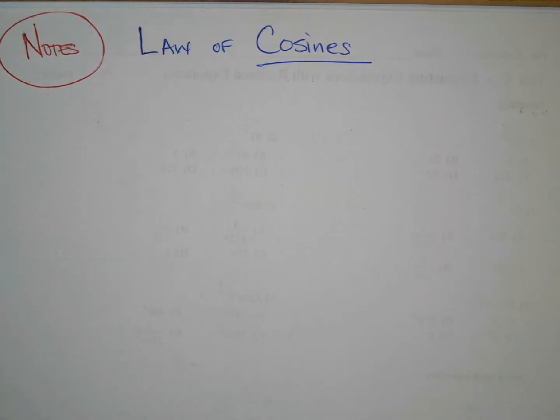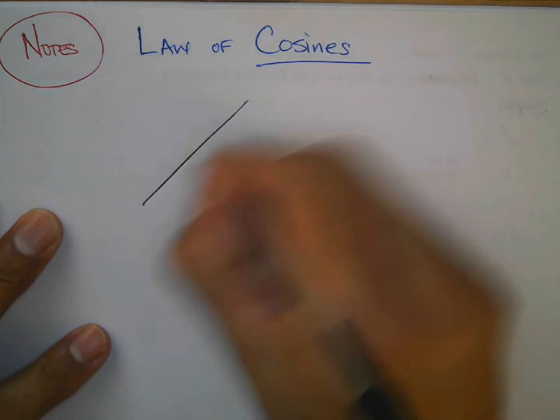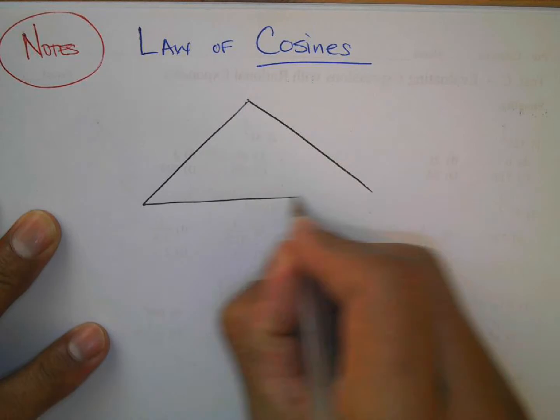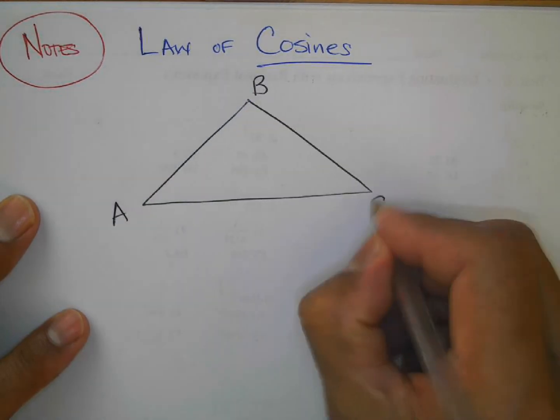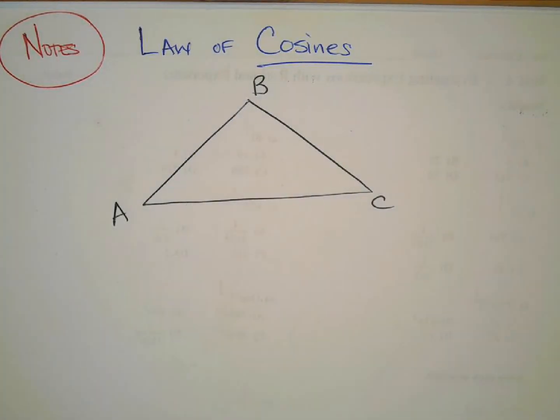Let's look at the formulas here. Again, we're working with triangles, and the angles are the capital letters. And by now you know that the corresponding sides are the lowercase letters, right?